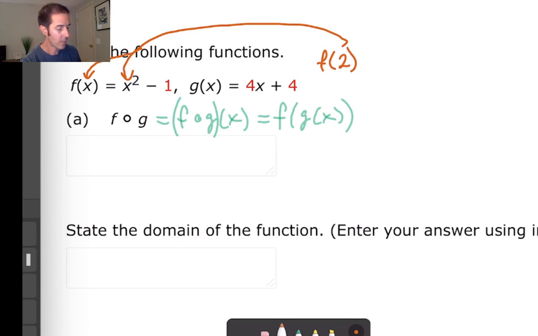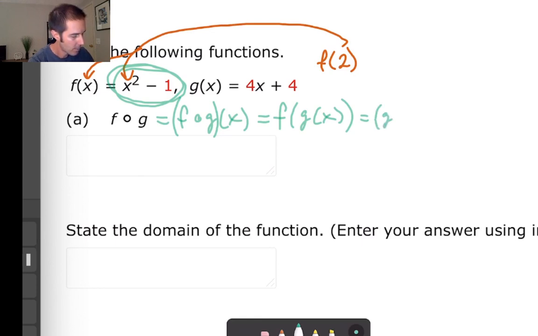However, here we're not plugging in a 2 into our function, we're plugging in g of x. And so I will replace the x's in my original f of x function. I'm going to replace those x's, or that x, with g of x. So we will need to take g of x instead of the number 2 and square it, and then subtract 1.